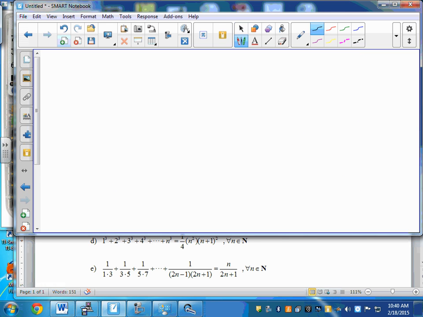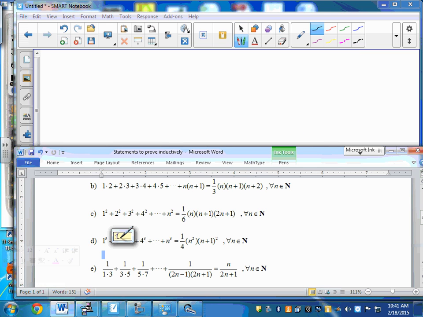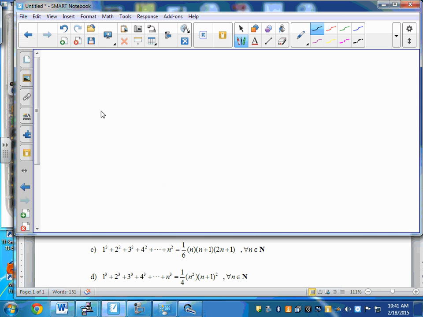So in C, we were trying to show 1 squared plus 2 squared plus 3 squared plus 4 squared plus dot dot dot plus n squared. This looks like a sum of squares, right?